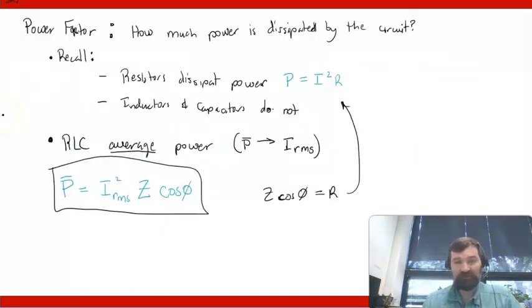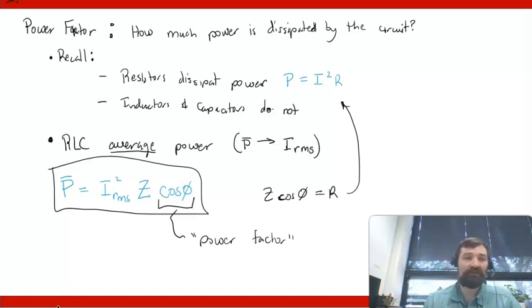All right, so last little point before we move on to our example. I started this by saying we're talking about power factor. I ended this slide so far by talking about average power dissipated. So where does the power factor actually come into play? Why am I not just talking about power? This cosine phi term is what's sometimes called the power factor for the circuit.